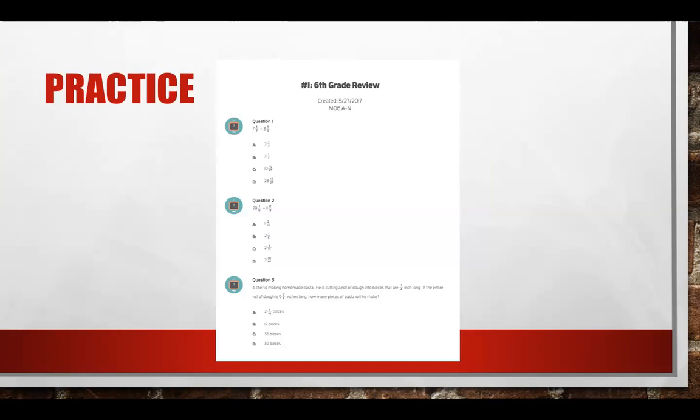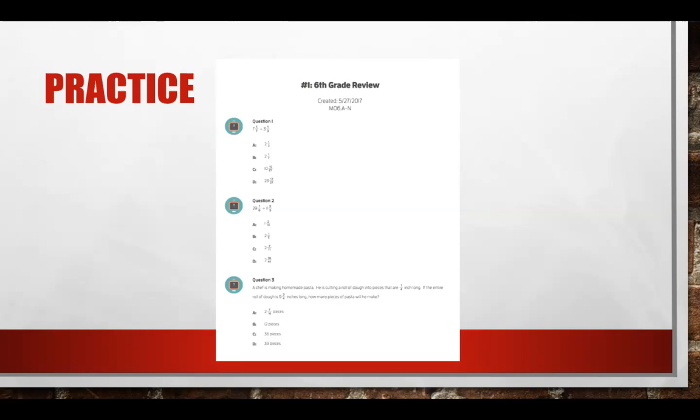So the first number is 7 and 1/7. 7 multiplied by 7 is 49. Plus 1 gives me 50. And I'm going to keep the denominator at 7. 3 multiplied by 3 is 9. Plus 1 is 10. And I'm going to keep the denominator of 3.